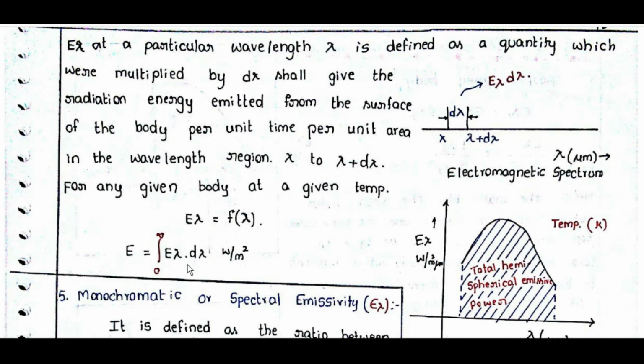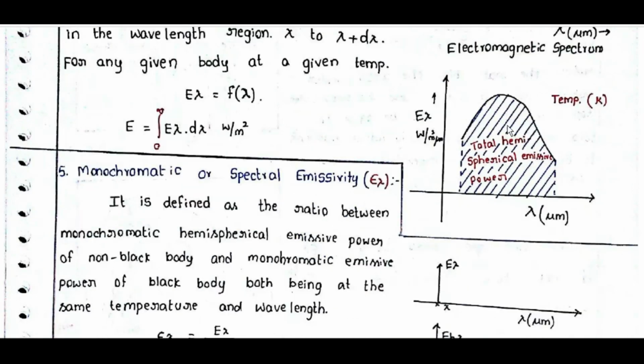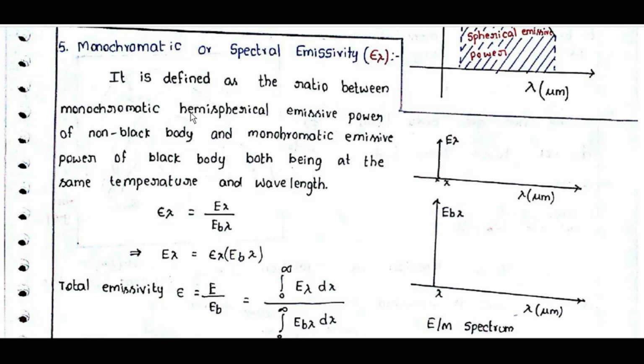E lambda is a function of lambda. E is equal to the integral from 0 to infinity of E lambda d lambda, in watt per meter square. This area is the total hemispherical emissive power.